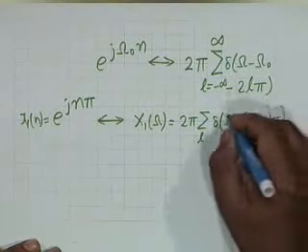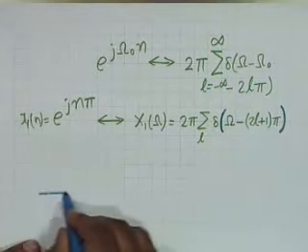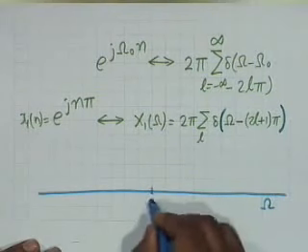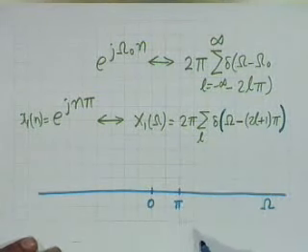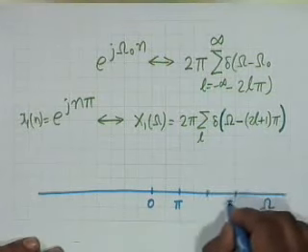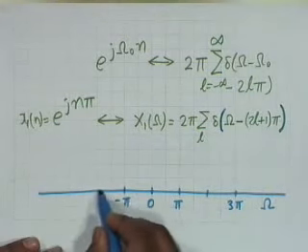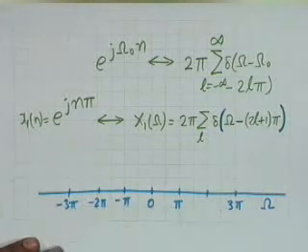Let me use a different color. That is what the delta function would be. All right. So if I plot this versus omega, then we have at 0, we have at pi. Do we have at 2 pi? No. 2 pi, nothing. Then we have 1 at 3 pi, and similarly at minus pi, minus 2 pi, that is nothing, minus 3 pi, that would be an impulse.